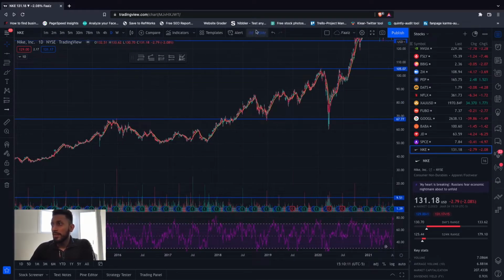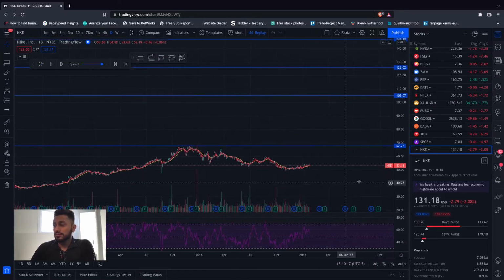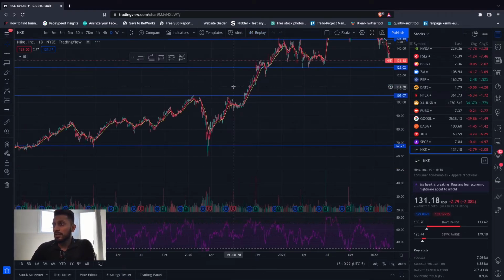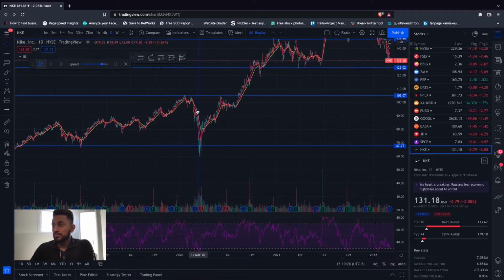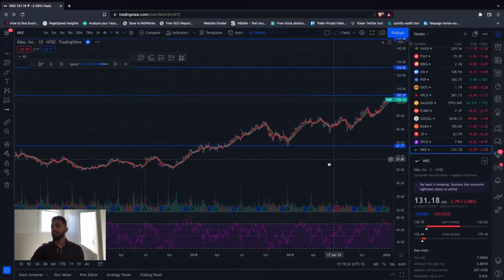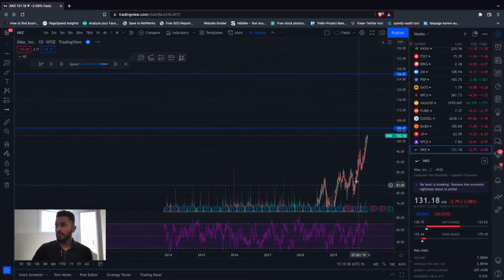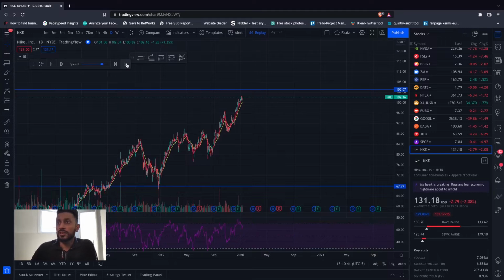So let's say this is where we're at in time and Nike did this. Actually, would this work? No, because we don't even know if the support is here.